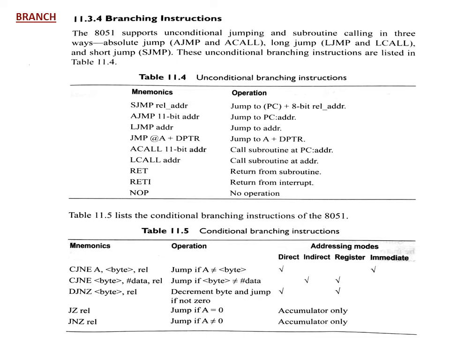Branching may be unconditional or conditional. If, else and switch are examples of conditional branching. Goto, break, continue are unconditional branching, which we used in high level programming languages.